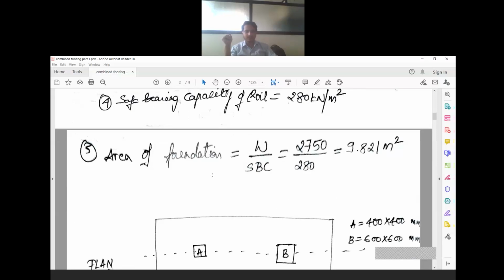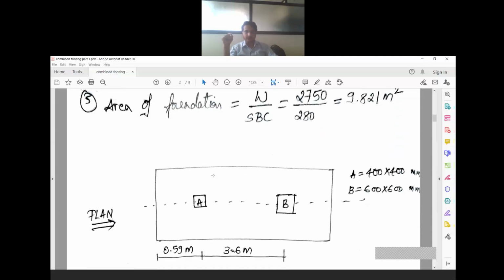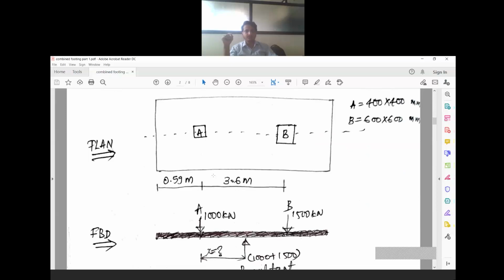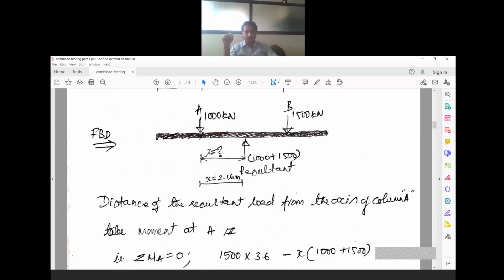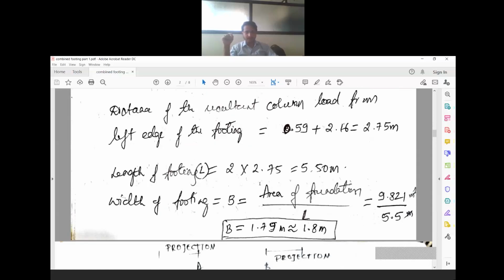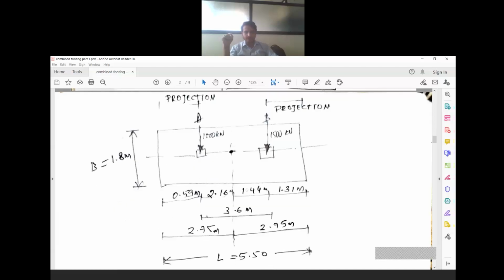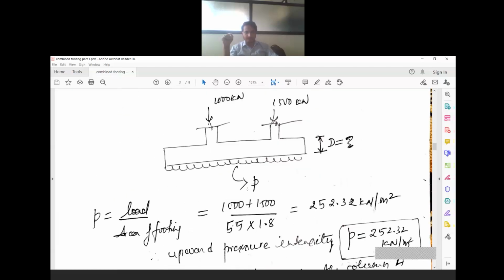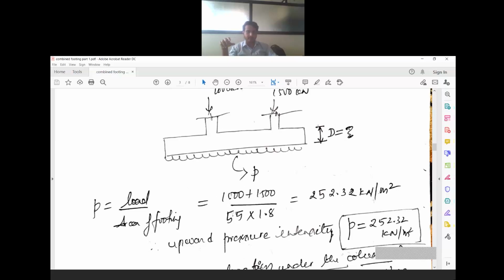From that data, we calculated the area of foundation, which is 9.821 meter square. With that, we also calculated the resultant force and its location on the foundation, the length of the footing, and the breadth of the footing, and we were about to calculate the depth of the footing.